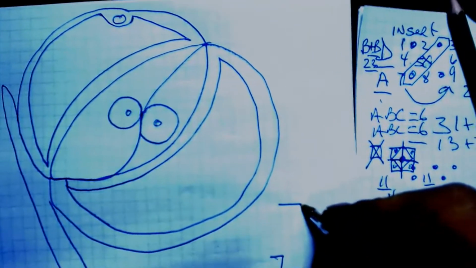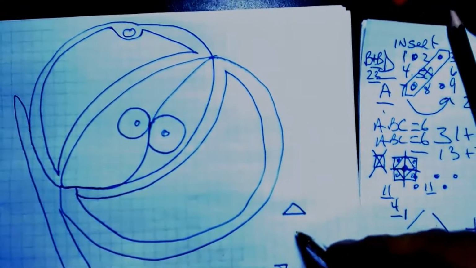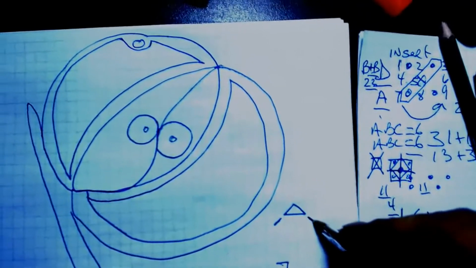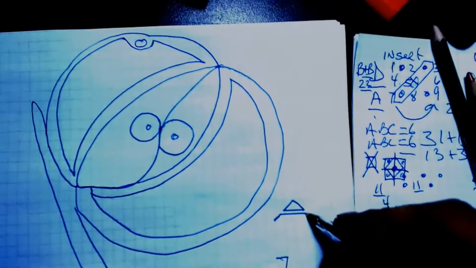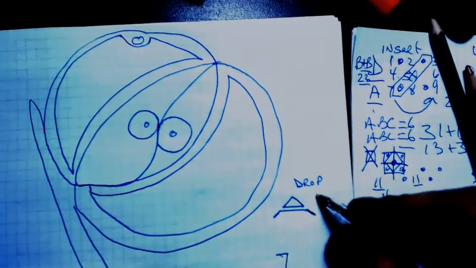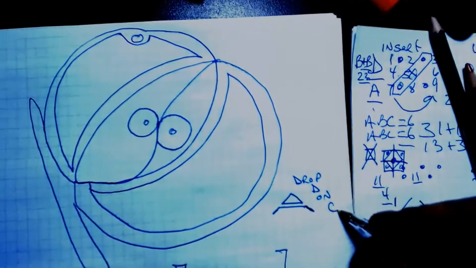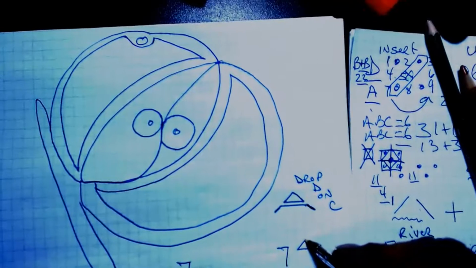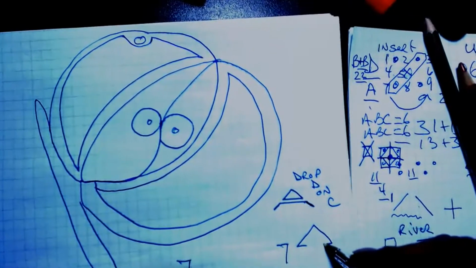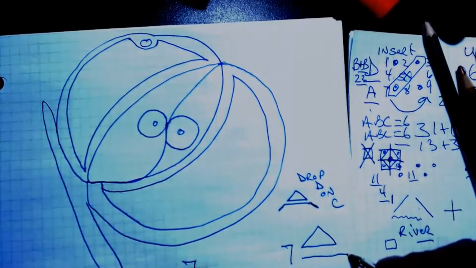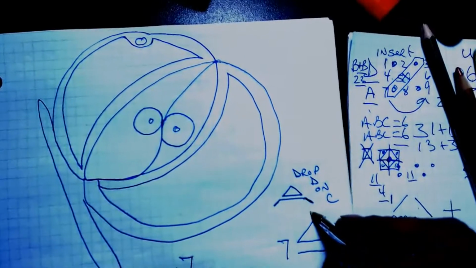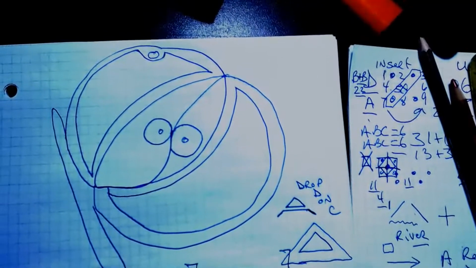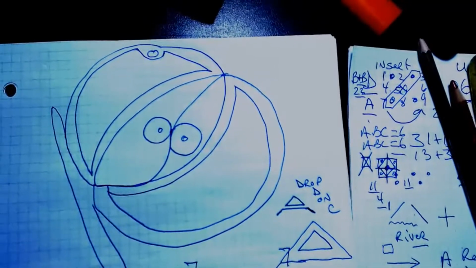So here we have the D, and then here we continue. We create the C, and we drop D on C over here, and then we get... can't do it on that side.